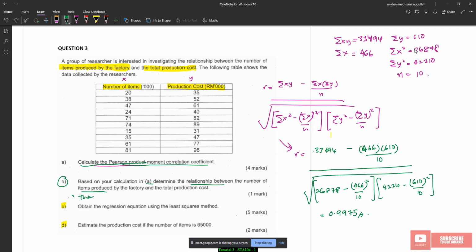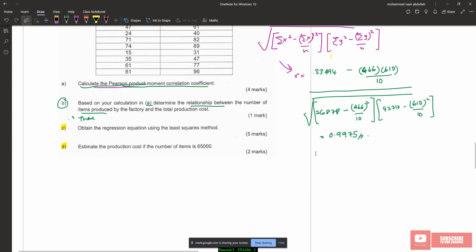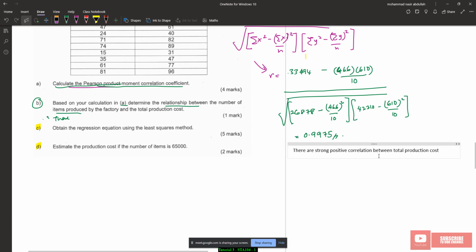So there is a strong, because it is 0.9, above 0.8, strong positive correlation between total production cost and number of items produced.